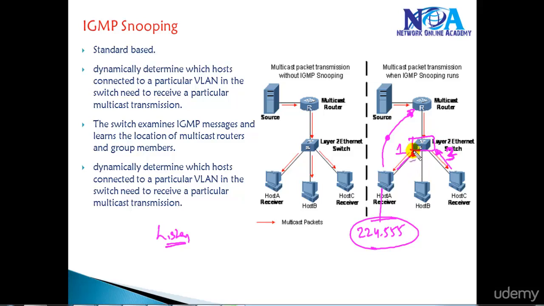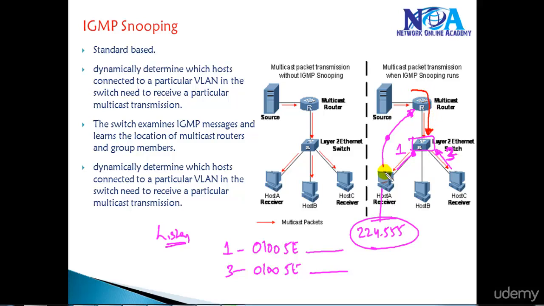So the switch keeps the information and writes down the equivalent MAC address for that particular group on port number 1 and port number 3 in the MAC table.